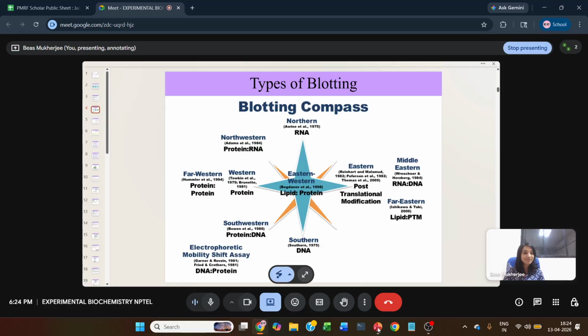All of the names have been given because this particular one was Southern; in all the others, the scientist's name is not Southern. So Southern blotting was developed by Southern and it is for DNA identification. To study post-translational modifications, you have Eastern blotting. Middle Eastern blotting is for RNA-DNA interaction. Far Eastern blotting is for lipid and post-translational modification detection.